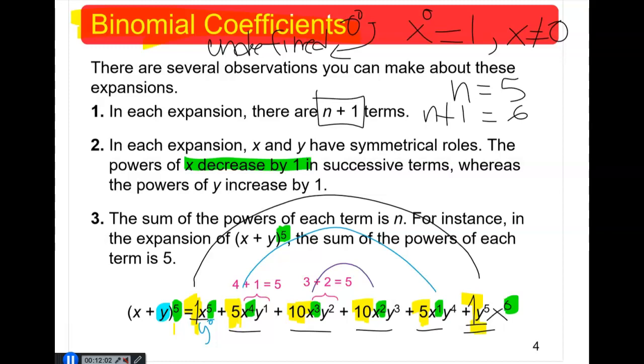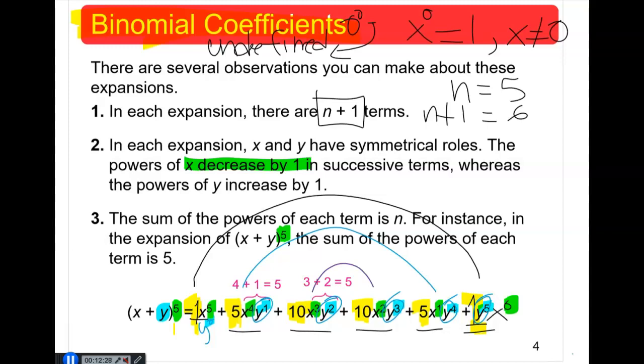Then for the very next one, it will be y to the power 1, then y to the power 2, then y to the power 3, then y to the power 4, and then finally y to the power 5. I'm going to highlight the exponents just to make sure you can visualize it. So we have y to the power 0, 1, 2, 3, 4, and then 5.